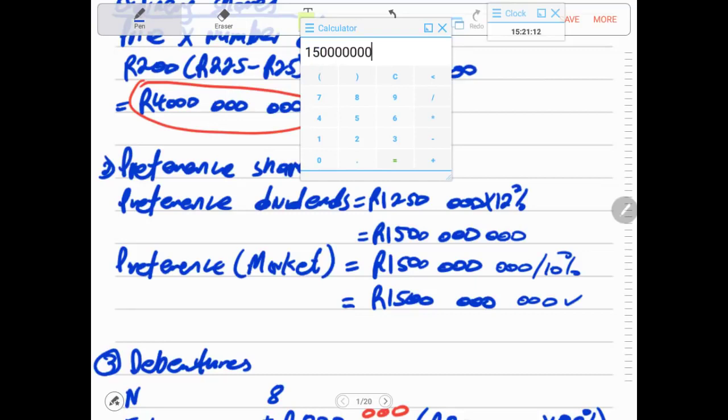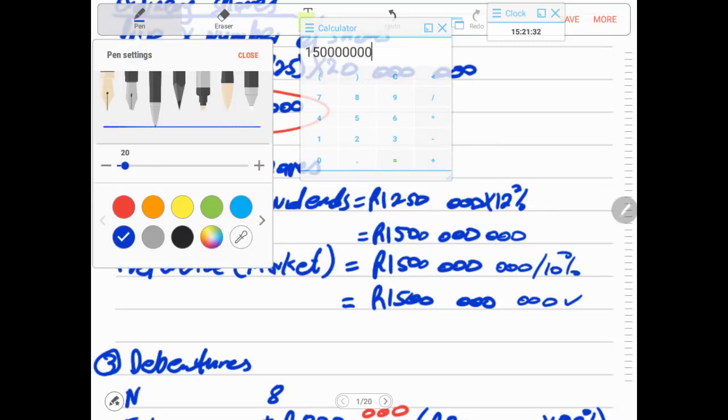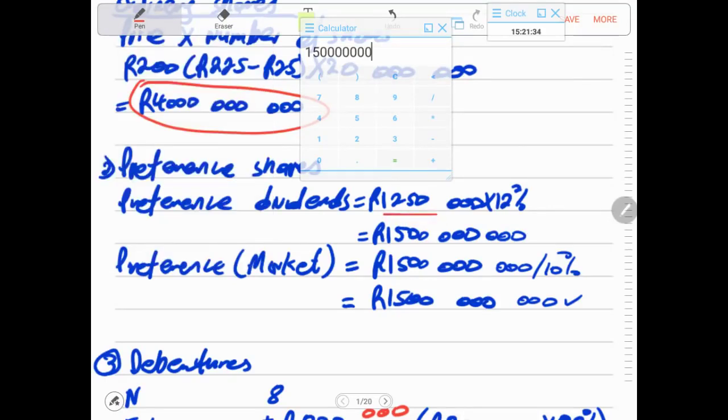We have 1,250,000, times that by 0.12. Then we have 1,500, 1, 2, 3, 4, 5.